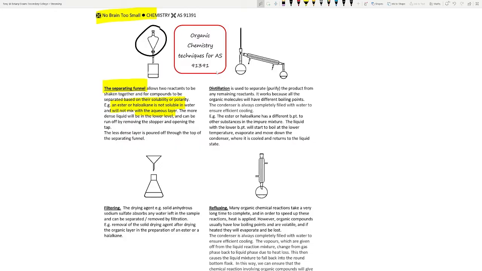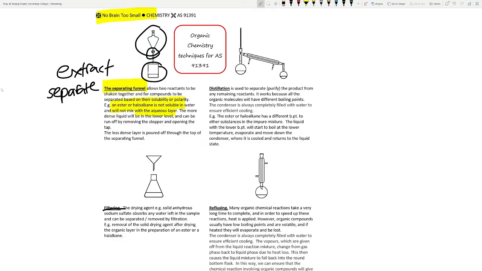So you can control the separating funnel to separate the layers of a mixture of two different organic compounds. You open the funnel, the less dense liquid stays on top, and the bottom layer, which is denser, goes into the beaker. So the beaker will contain one solution and the other one will sit in the funnel.